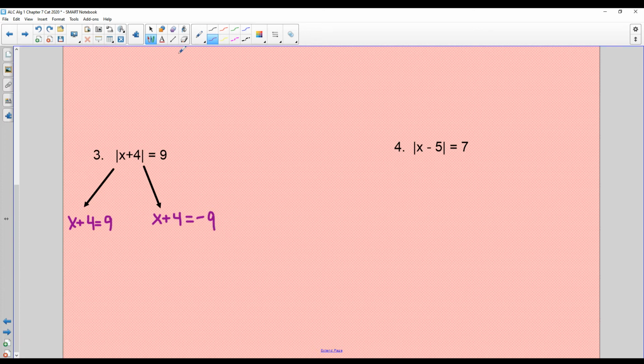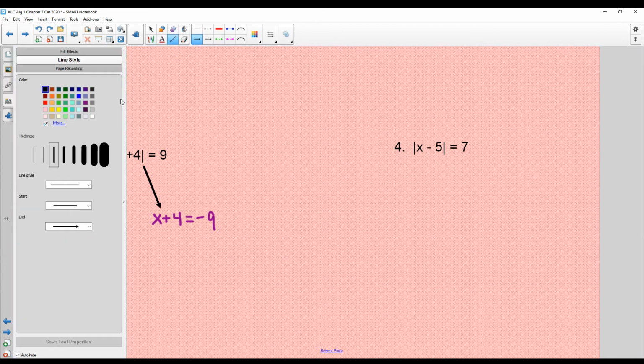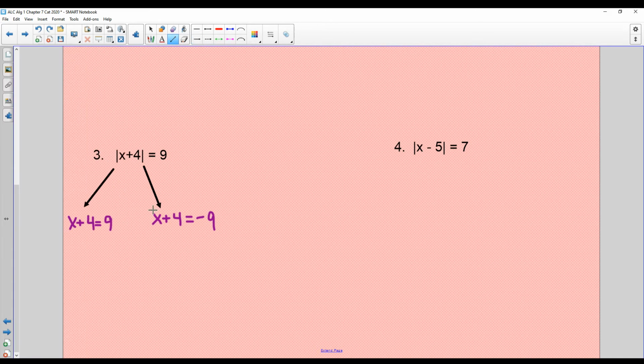All right, then we're going to t-chart that. How do you undo a plus 4? Oops, my little arrows are gray. It's all right. That's right, you subtract 4. 9 minus 4, x equals 5.